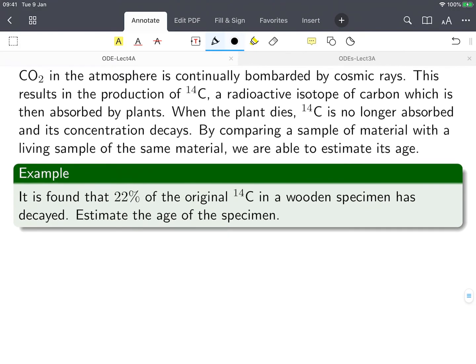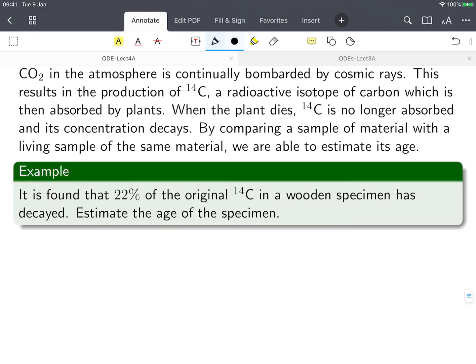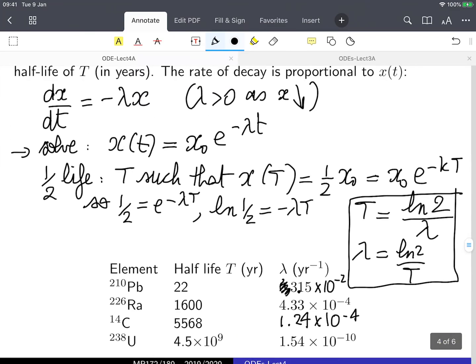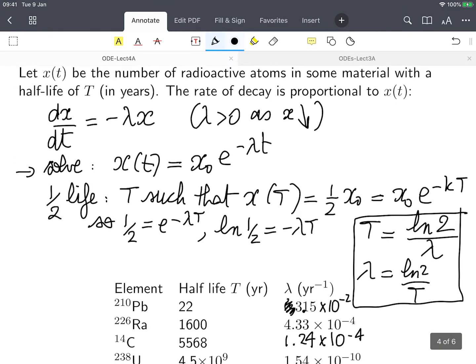So let's do this. Sorry, I forgot to tell you, if you look in the blue book, you will see that on page 62 they made a mistake. They have a minus sign. They say activity is A equals minus dN over dt, and then for radioactive decay A equals minus lambda N, so they wouldn't have the minus sign.